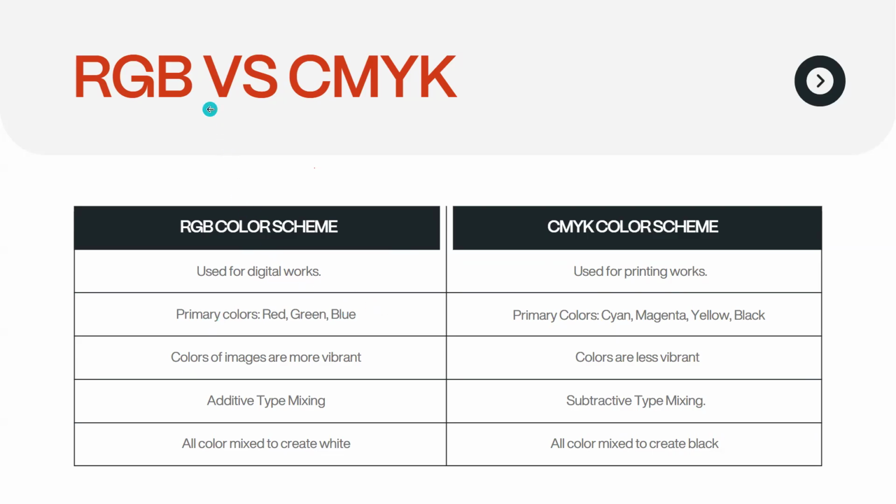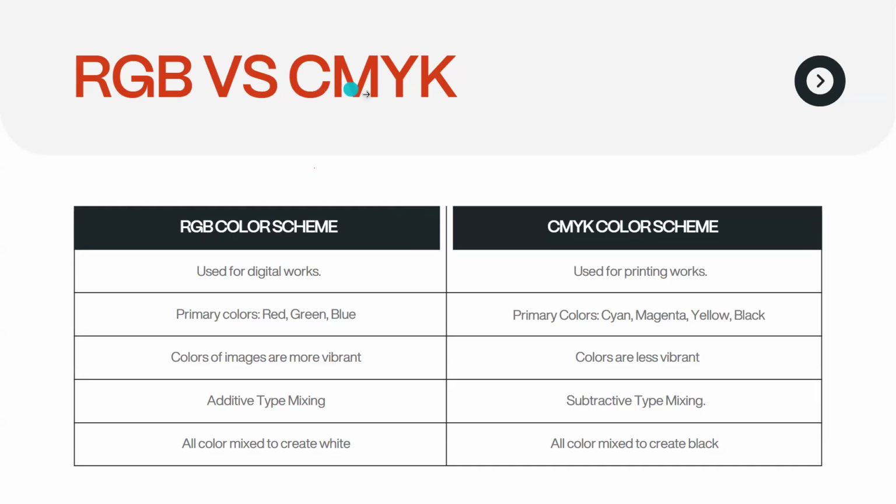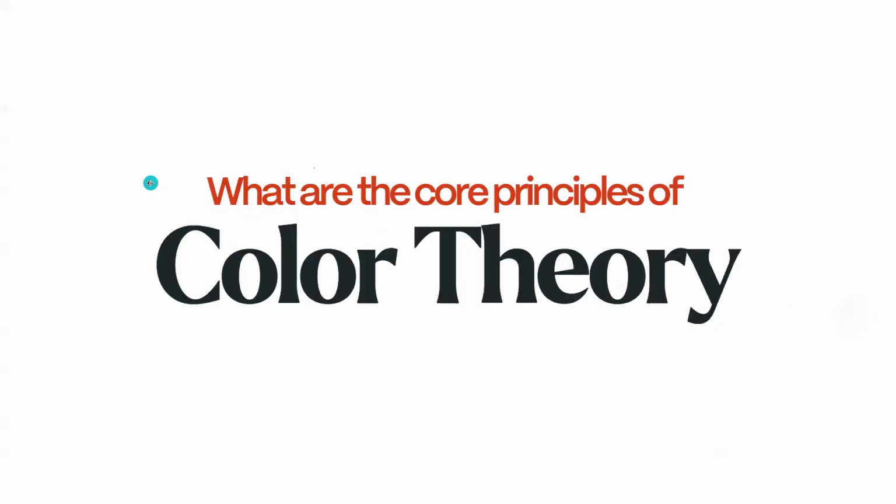And also the fundamental of RGB colors: if you mix all three colors, red, green, and blue, they will create white. But if you combine cyan, magenta, and yellow, they will create black. This is the main difference between these two.